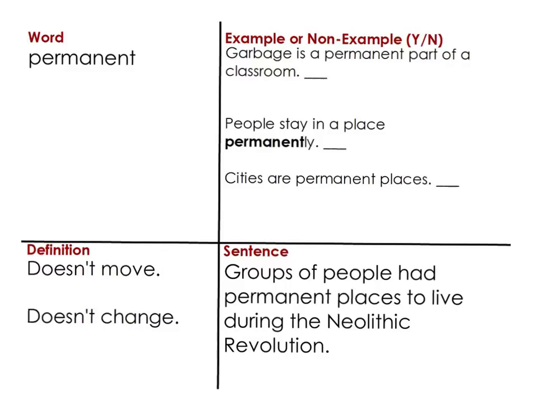Let's read the sentence together. Groups of people had permanent places to live during the Neolithic Revolution. Now let's look at example or non-example. I'll read the sentences. Garbage is a permanent part of a classroom.